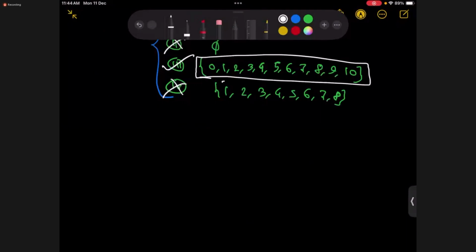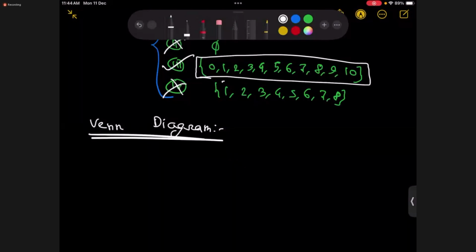Okay, so the next topic is the Venn diagram. A Venn diagram is a way to discuss sets. Most of the relations of sets can be represented by means of this diagram.